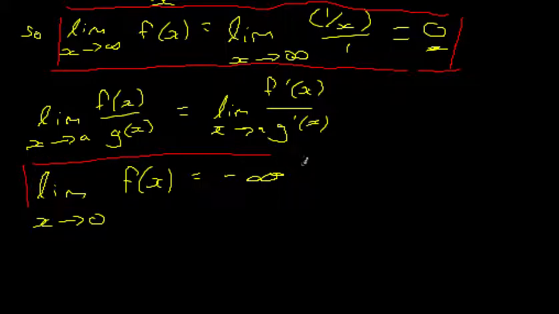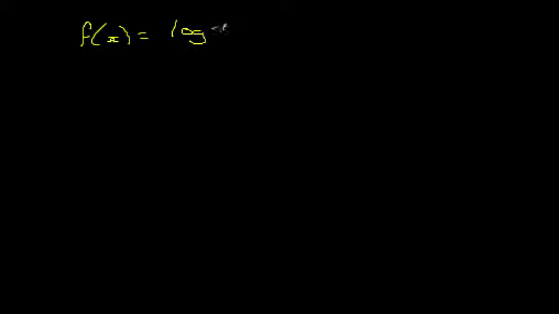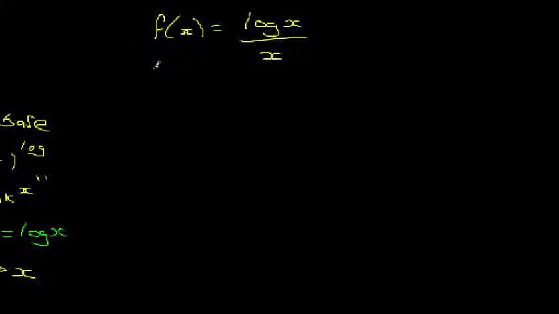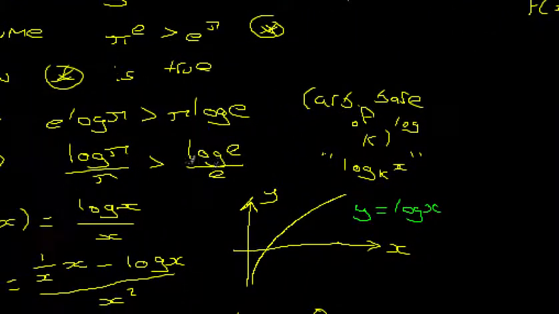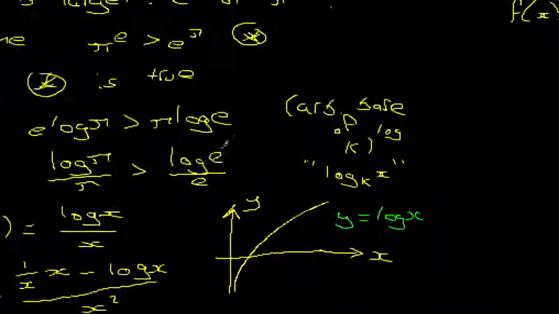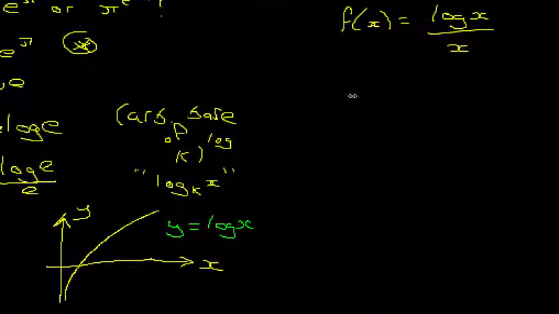And so from that, we can sketch our graph. So I'll rewrite it. We're sketching f of x is log x over x. Remember, just to recap, the whole point of this is to determine which of these is bigger. That's why we're going off on this tangent. It's completely relevant.